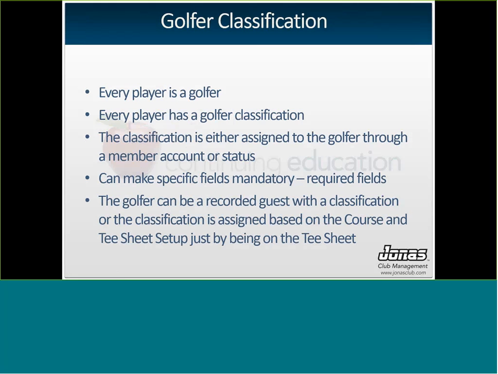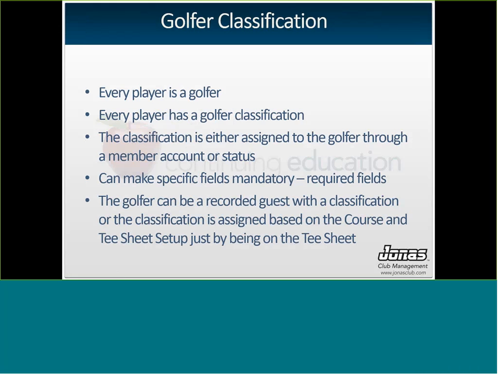So in Jonas, every player is a golfer. Every player has a golfer classification. The classification itself is assigned to the golfer through a member account or a status, meaning in some of our clubs, you don't have to actually assign a golfer classification to a specific member.